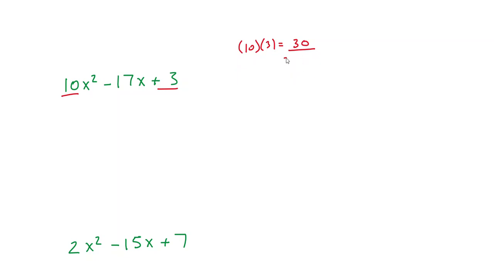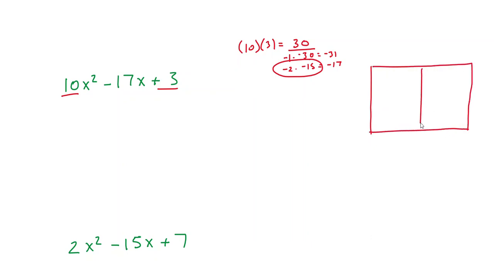The factors of 30 that add up to -17, of course, are negative. So we're going to do -1 times -30, which is -31, that doesn't work. -2 times -15, oh, that does work, -17, okay, there it is. So now I'll do my 4 squares. And we'll plug in 10x squared and 3.